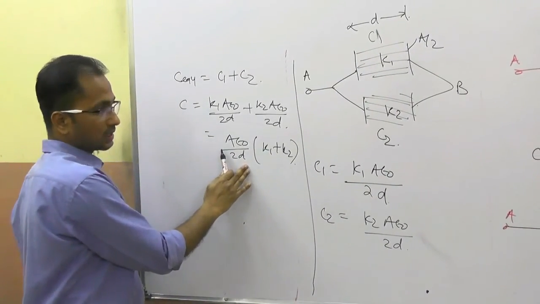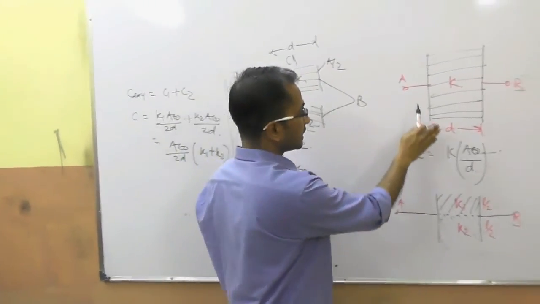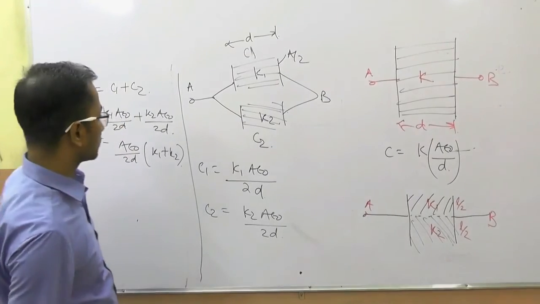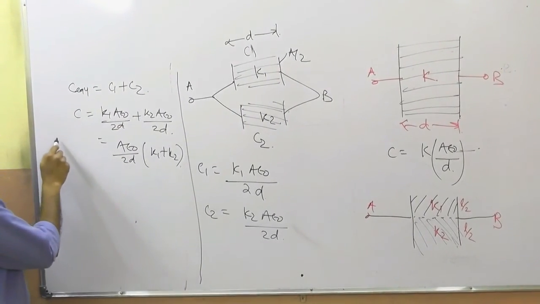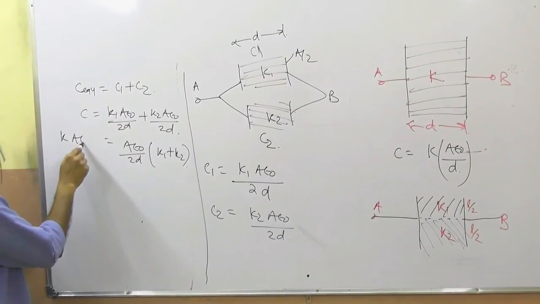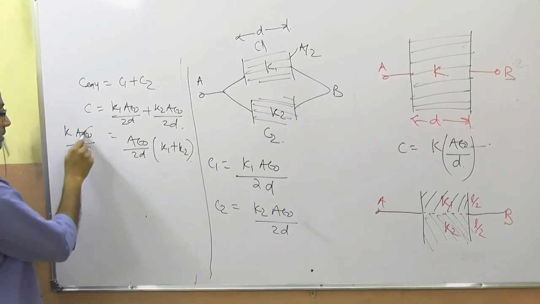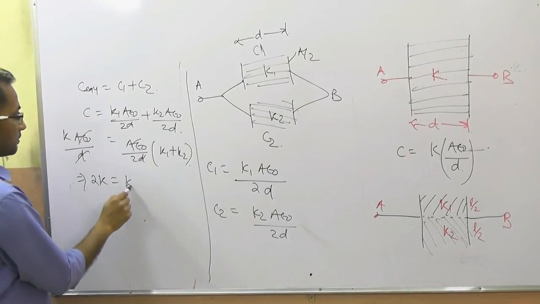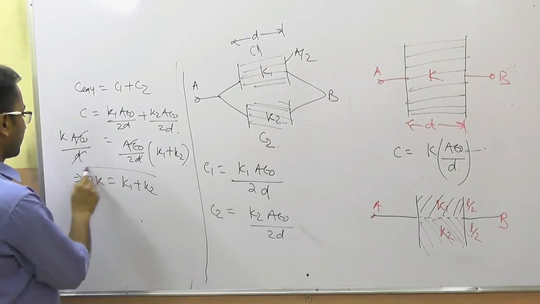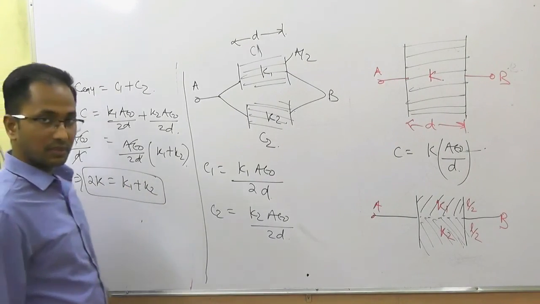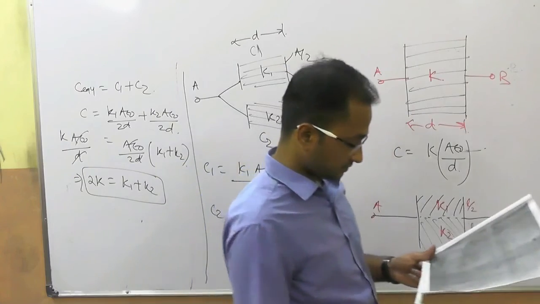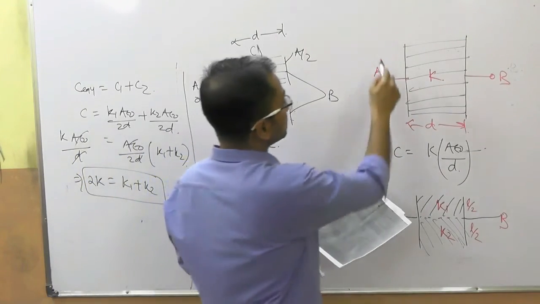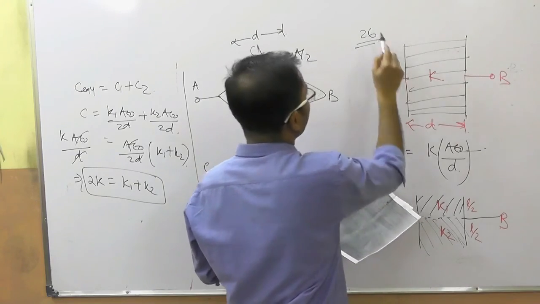This capacitance is equal to the capacitance of the first capacitor, K epsilon naught A by D. So 2K will become K1 plus K2. This is the relation between K, K1 and K2. So this is about question 26.